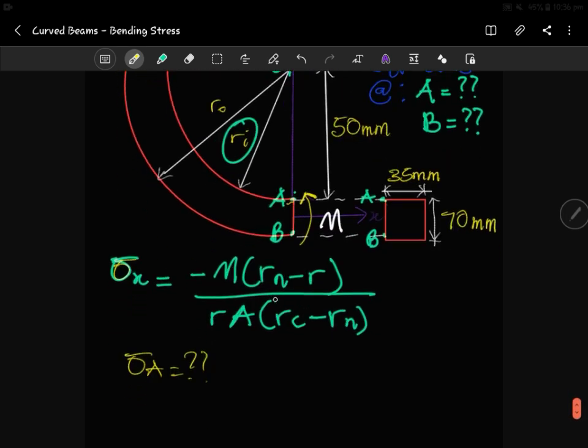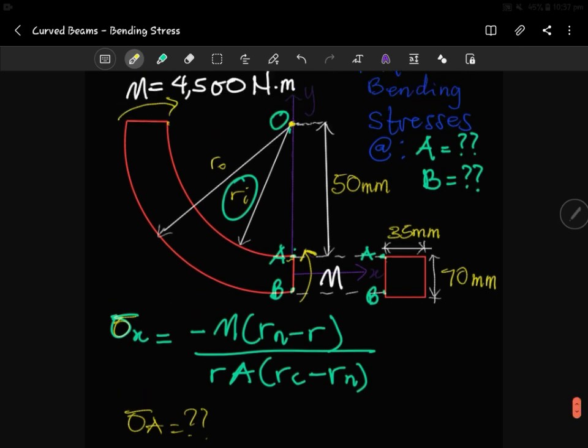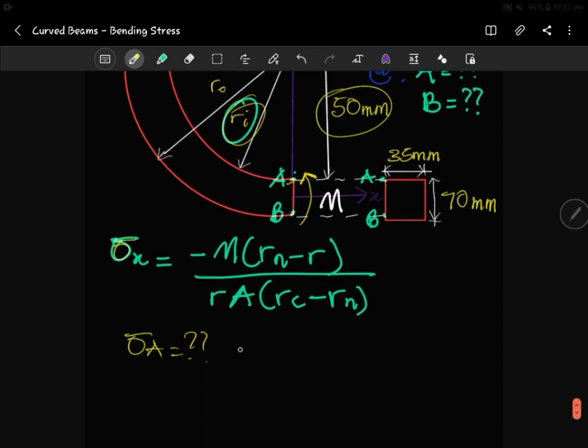We need Rn; we'll talk about that. We need R. The R is just the position we are trying to find the stress at, and that position is A. The distance from the center of curvature to A is what we have as Ri, which is the same as this 50 here. So we have R the same as Ri, which is 50 mm.